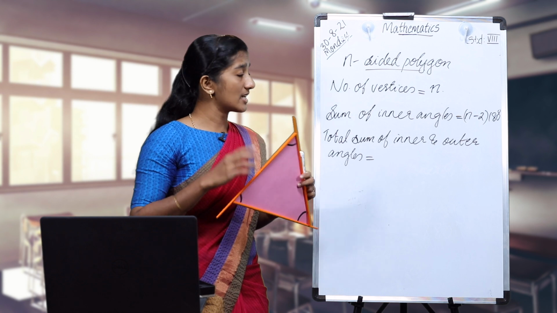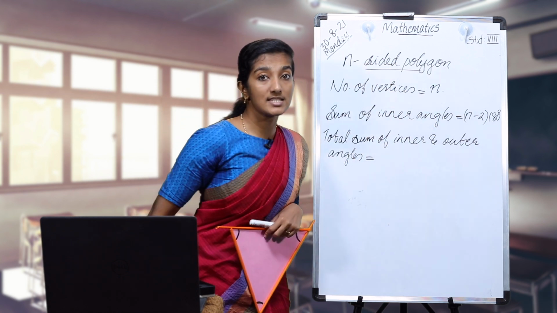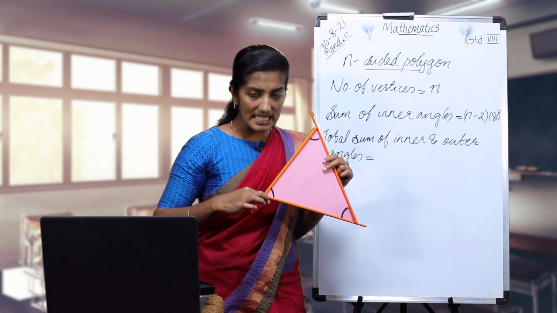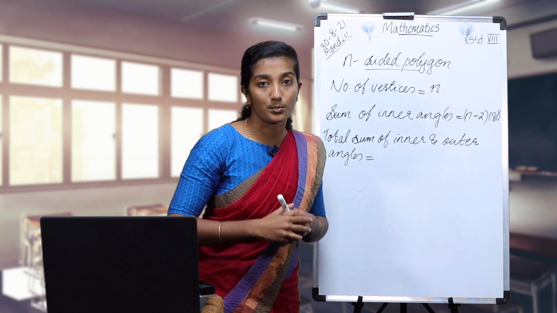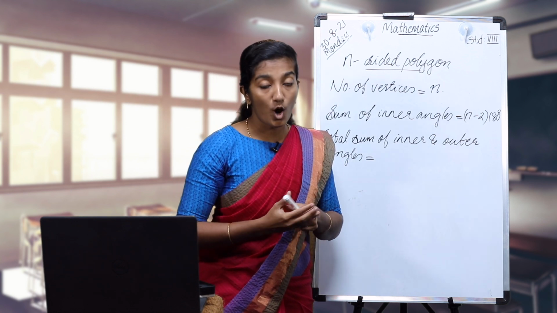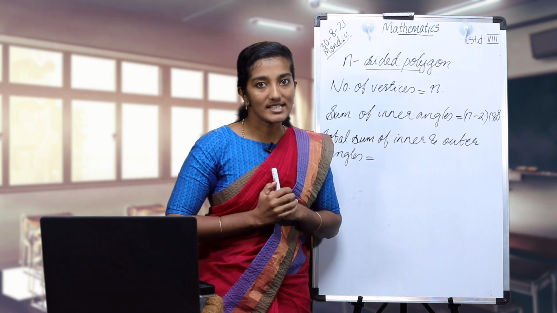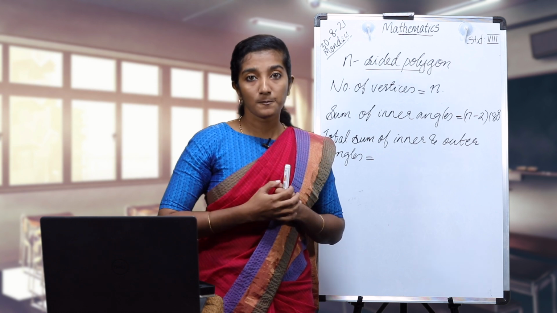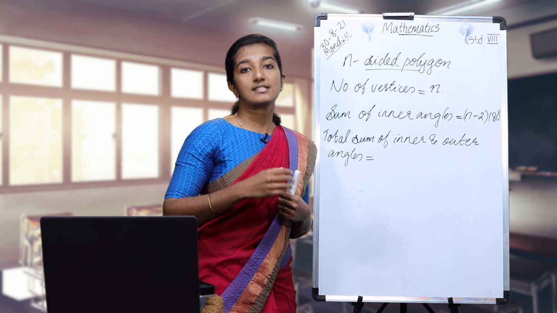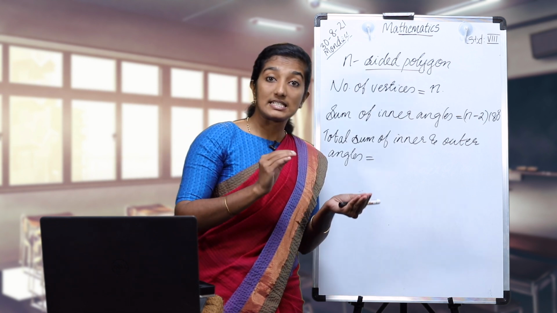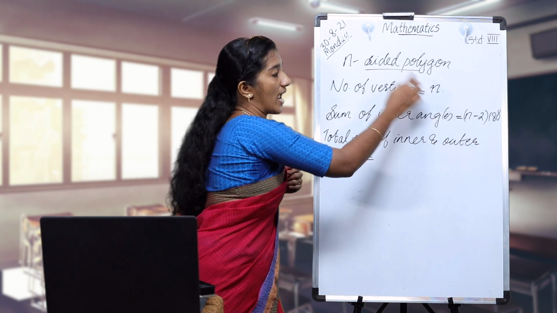Okay, then for an n-sided polygon also we have n vertices. Then at each vertex of an n-sided polygon, we have the sum of inner and outer angle as 180 degrees. Those pairs are linear pairs, right? Therefore, at each vertex of an n-sided polygon, the sum of inner and outer angle will be 180 degrees. Here we have n vertices.